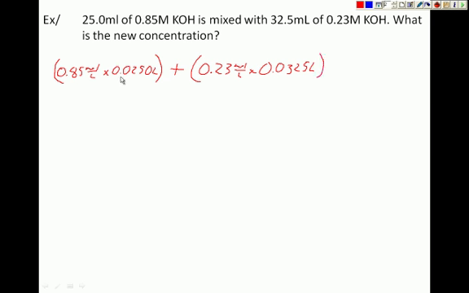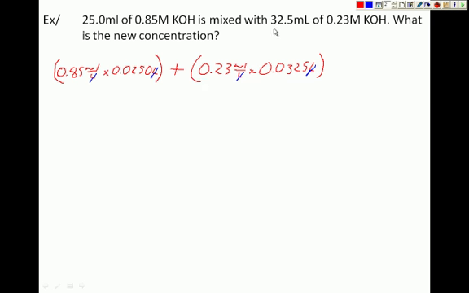Okay, so again, let's go over it really quickly. What we see here is that liters cancels, so I have moles of KOH that I'm adding to moles of KOH. So I'm just adding moles to moles.